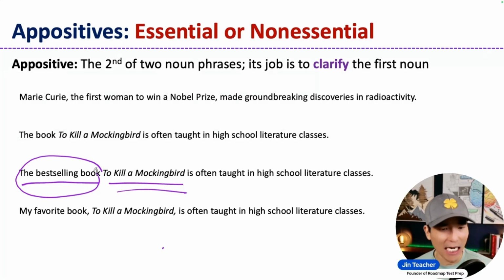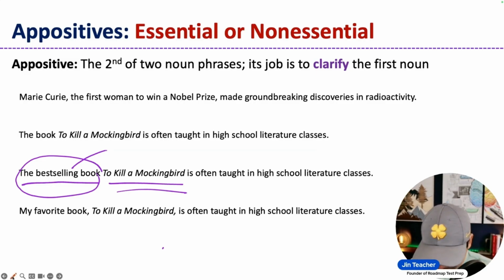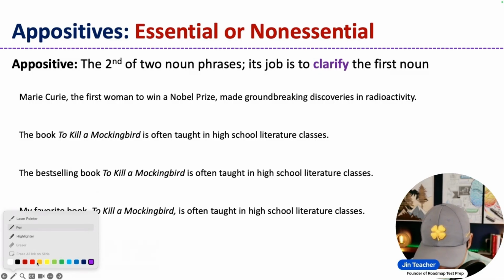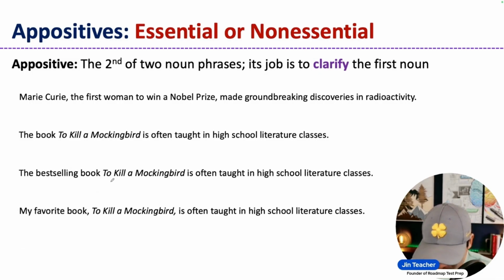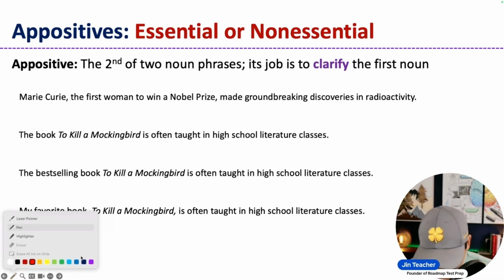There's a New York Times bestseller, and there's just a bestseller. It's a four-time bestseller. So the best-selling book can refer to more than one, which means that the appositive is essential. When it's essential information, we don't put commas around it, which is why you don't see commas around the title To Kill a Mockingbird. Okay? So that'll be for appositives.